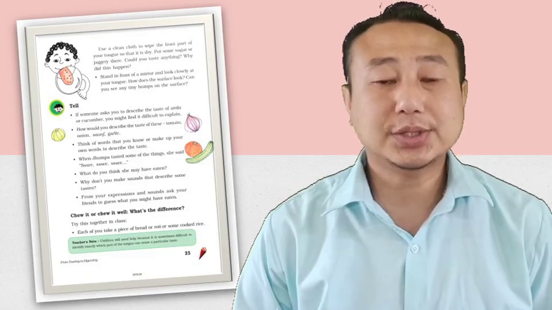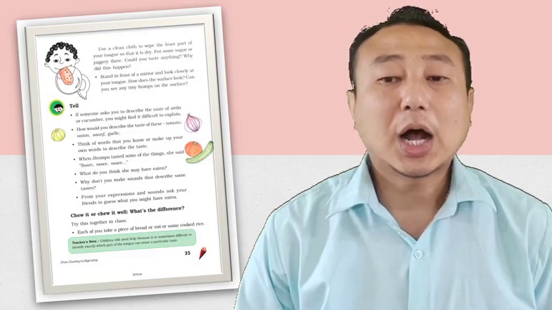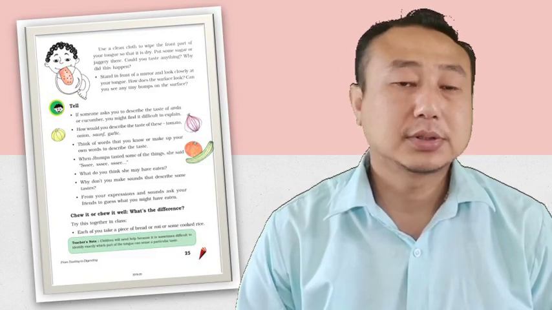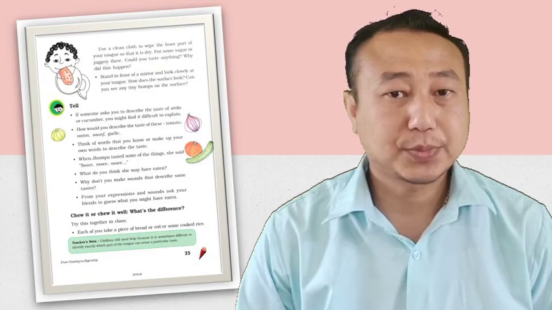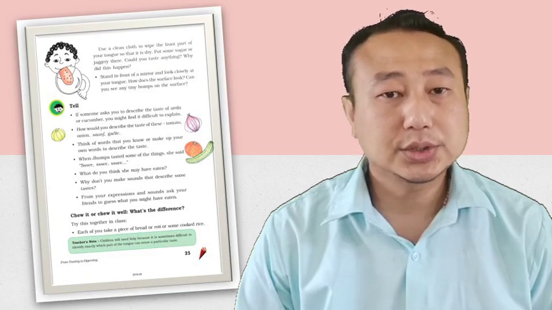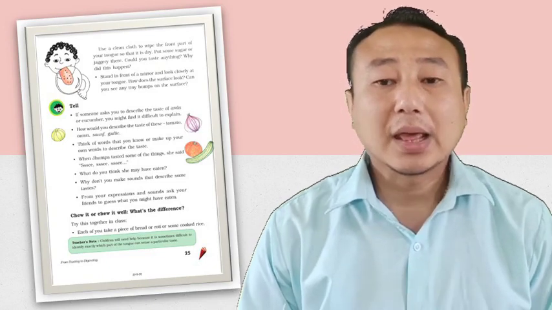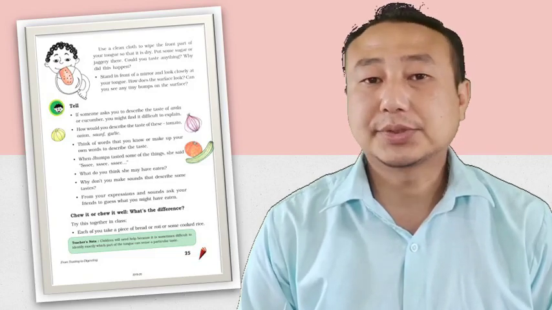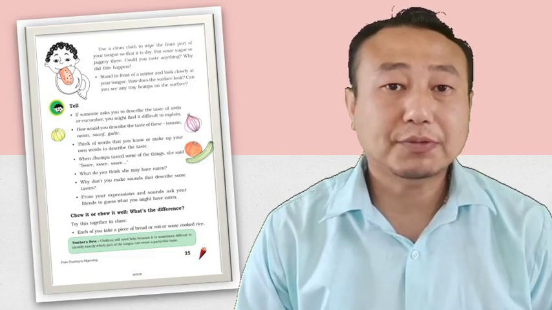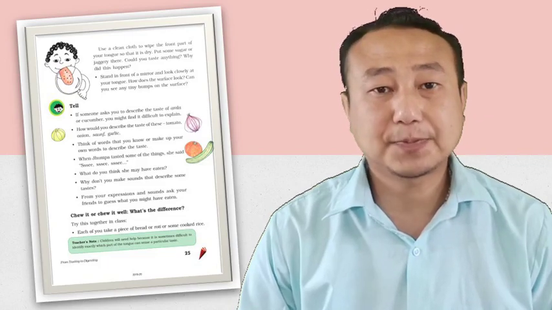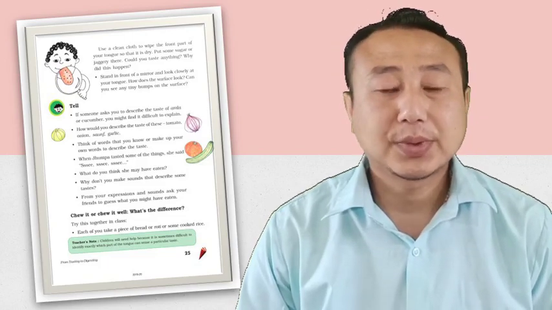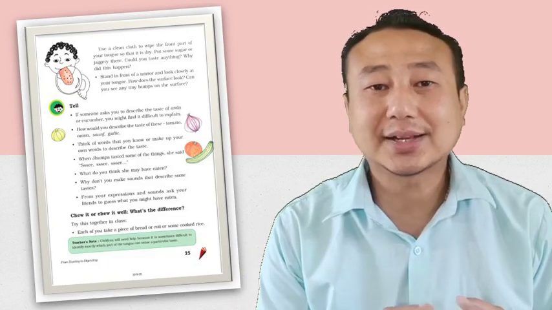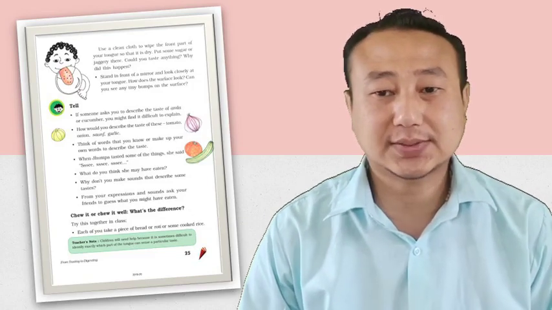Now, let's see the next question. How would you describe the taste of these? Tomato, onion, shrimp, garlic. The taste of these four food items can be explained very easily. The tomato is juicy and has a somewhat sweet and sour taste.